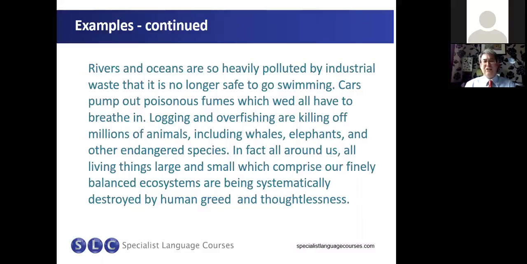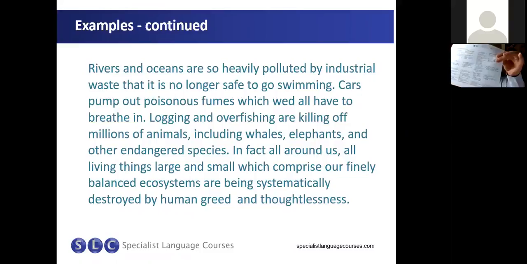How does it stack up? Is it similar? So what I'm going to do is put this example as a post onto Facebook. So you'll be able to see this example as a post there.